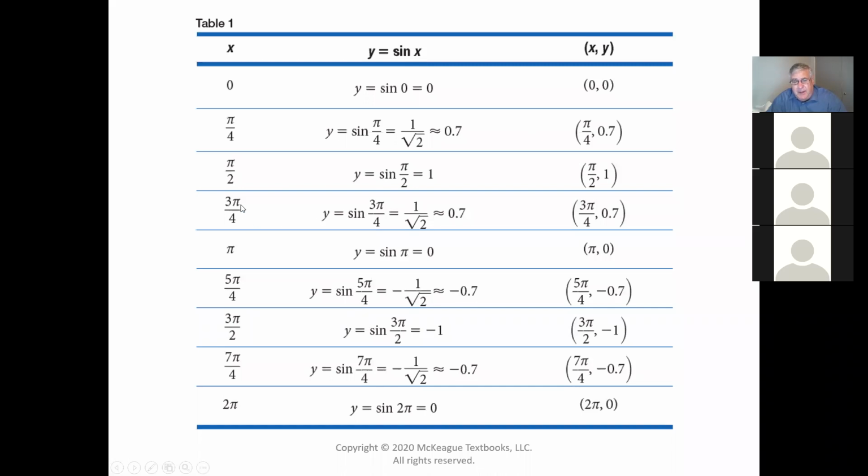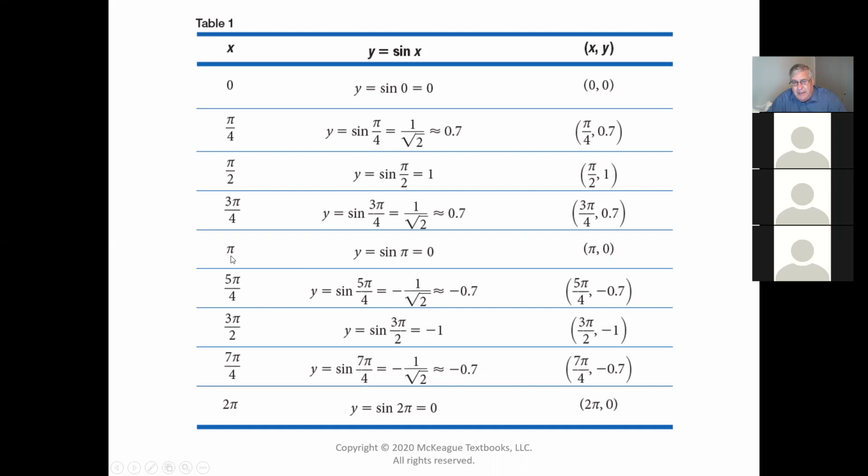Now we go to 3 pi 4th radians. The sine of 3 pi 4th radians, which is really the sine of 135 degrees, is again the square root of 2 over 2, or about 0.7. So 3 pi 4th comma 0.7 would be another point found on the graph of y equals sine x.